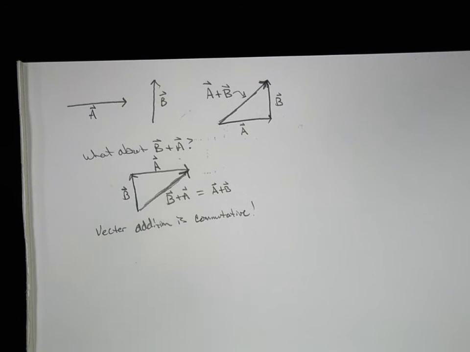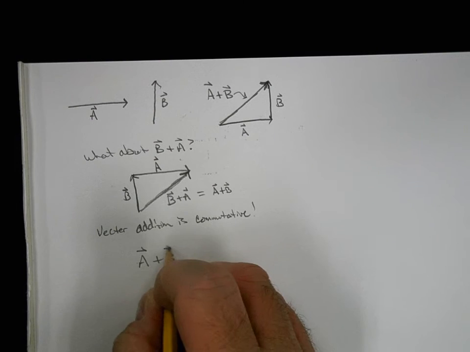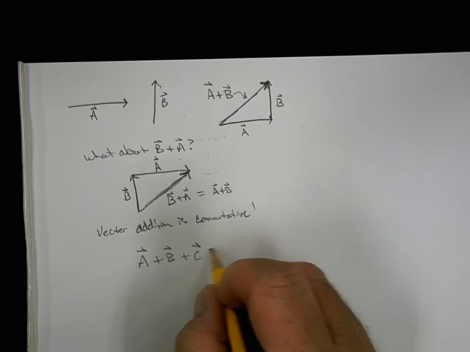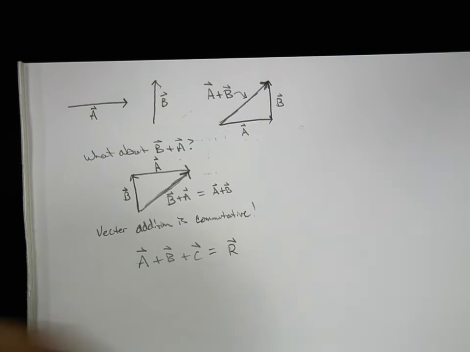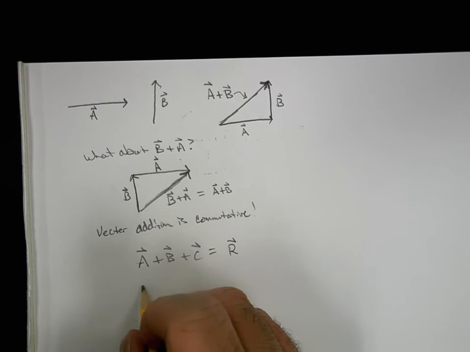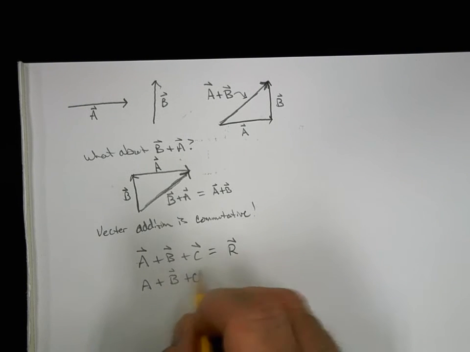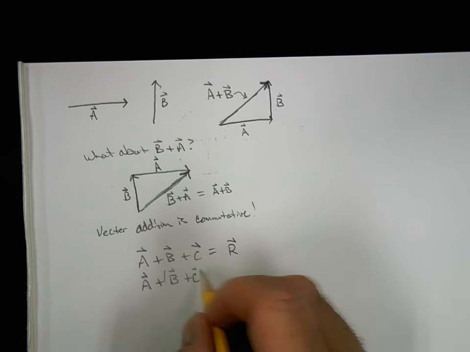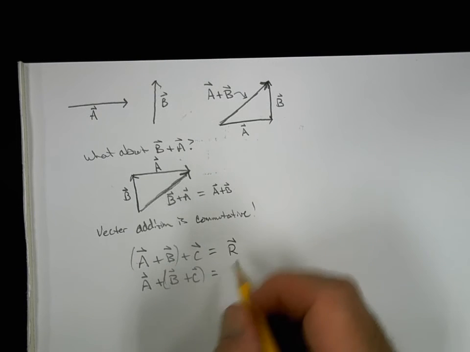It also works with three vectors. So a plus b plus c can equal r. If we add a and b together first and then add c, or add b and c together and then add a, that's going to equal the same r.